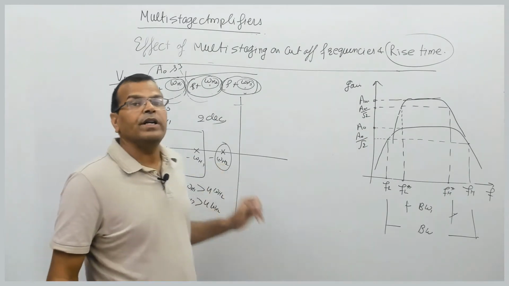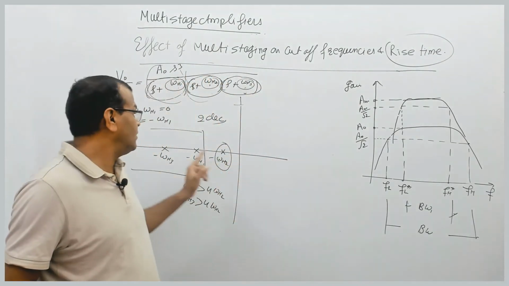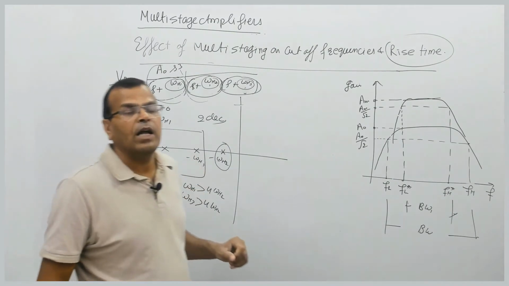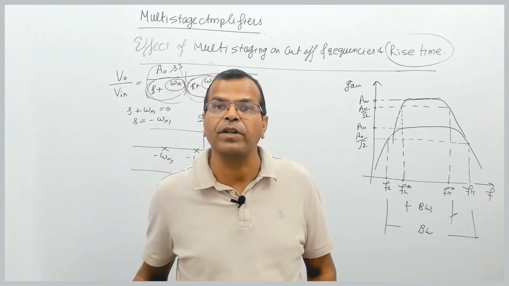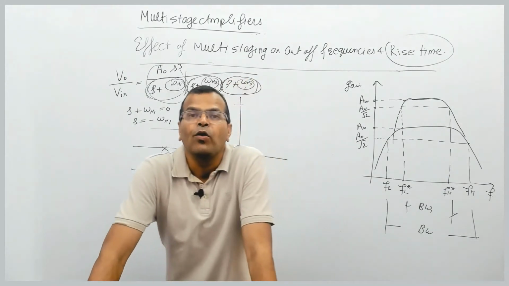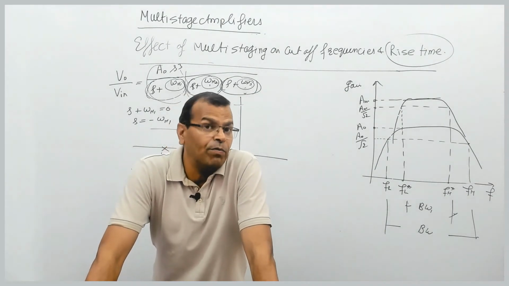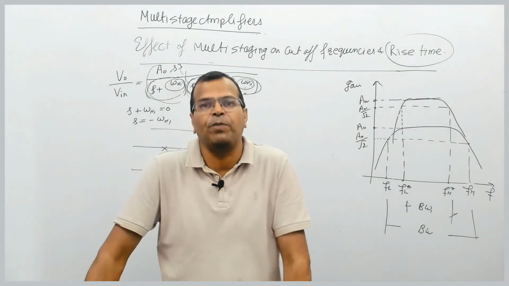Then the pole nearest to the j omega axis, which is smaller at least by a factor of 4 than the others, is known as the dominant pole in the case of high frequency response. In the case of high frequency response, the pole which is nearest to the j omega axis and smaller by at least a factor of 4 in comparison to other poles is known as the dominant pole.